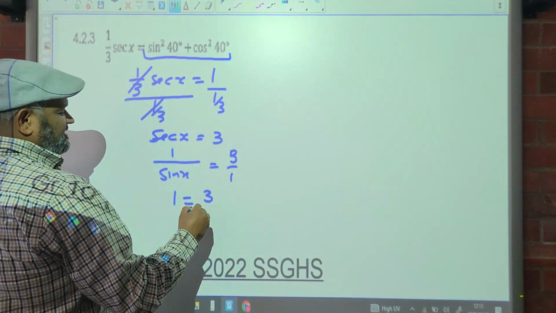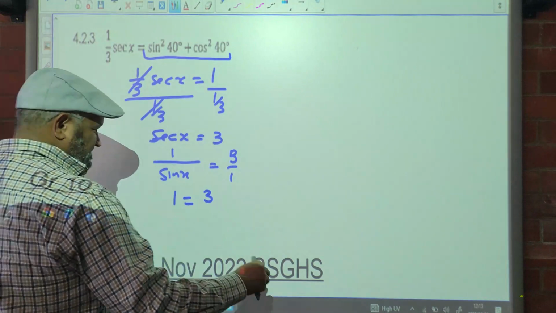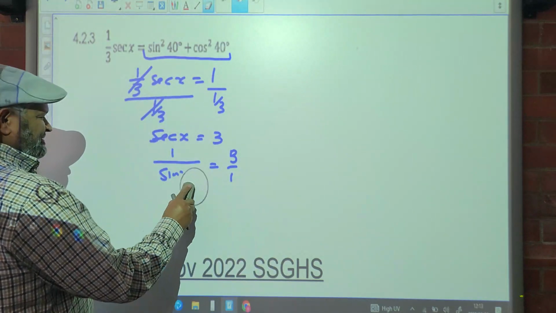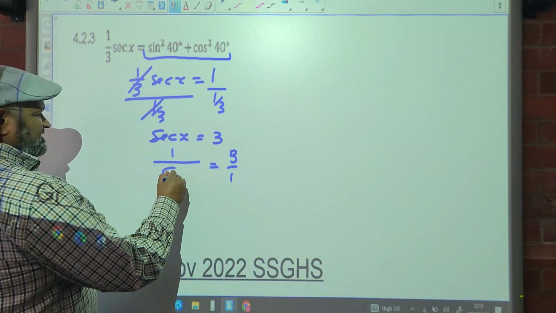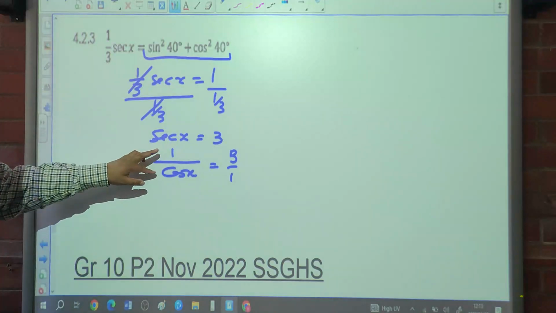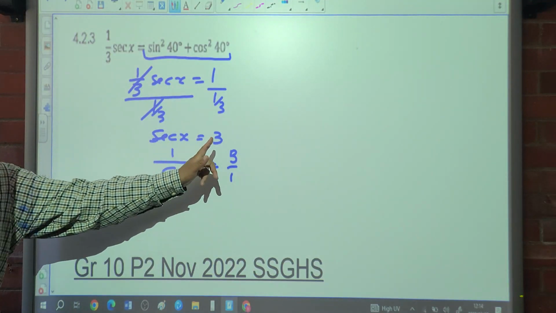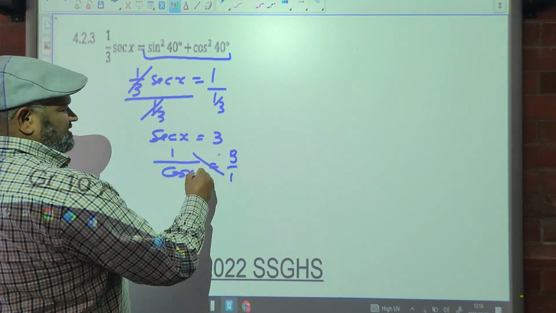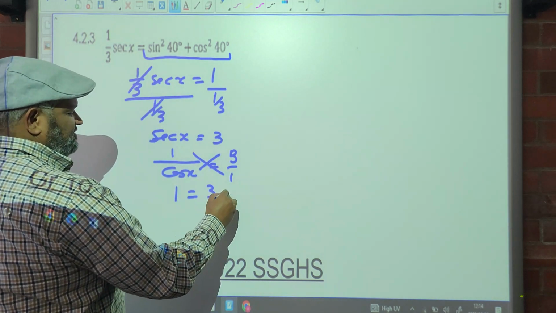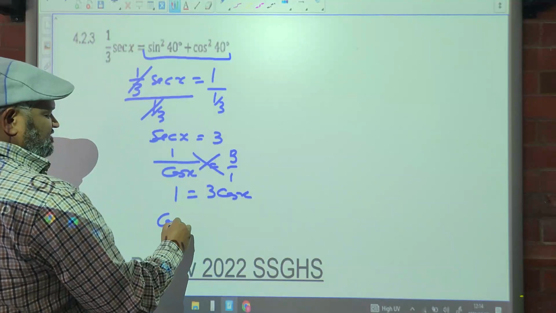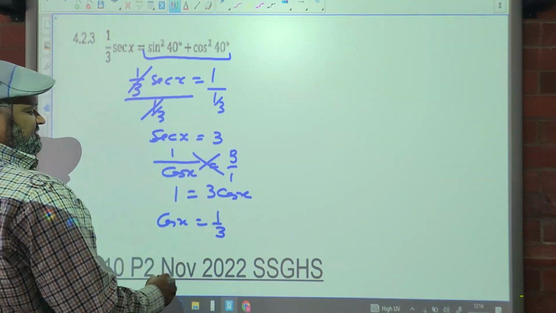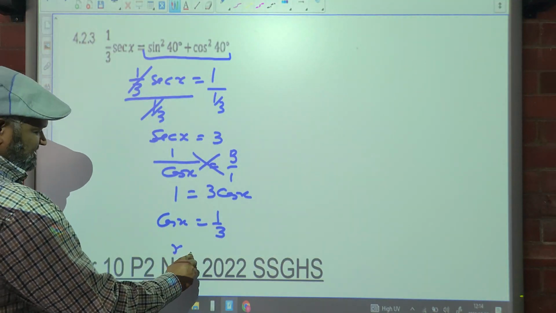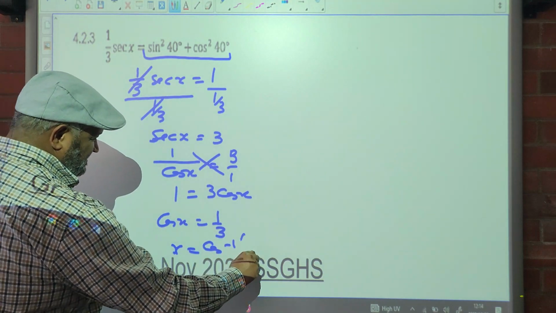So 1. But cos. Sorry about that. It's cos. So I can take the reciprocal here, which is cos over 1 is equal to 1 over 3. Or if you didn't know that, you can cross multiply, so 1 is equal to 3 cos of x. So cos of x is a third. So what do I do now? Now I say arccos of a third.